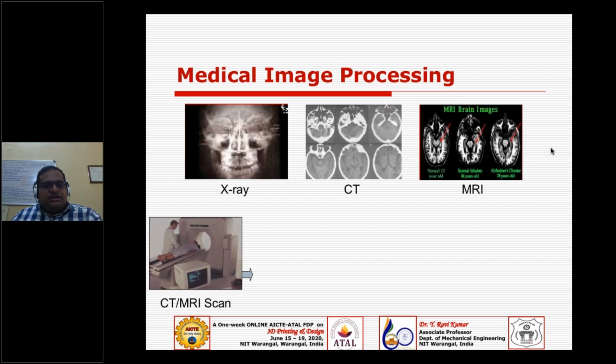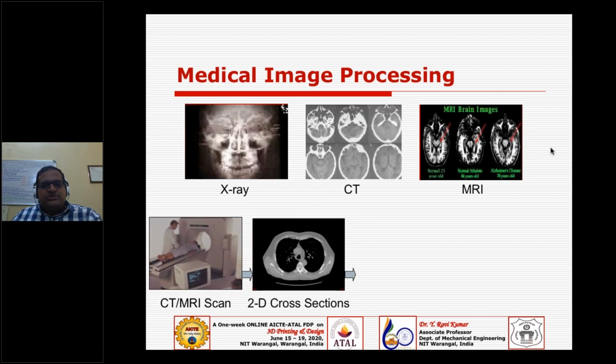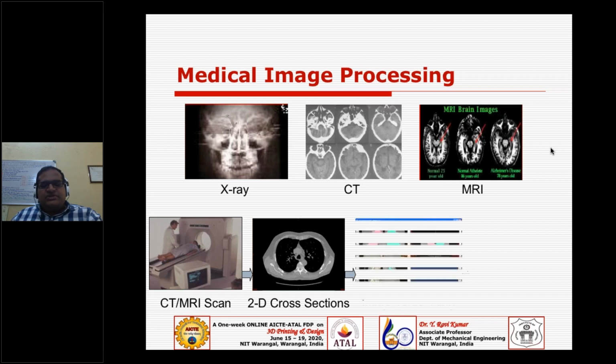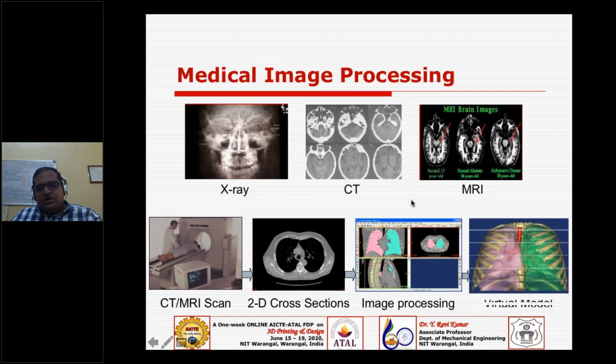But in general, it may be a CT or an MRI, and you are going to get these 2D cross sections. But we need medical image processing software to give life to these black and white images, into color, or to specific materials, bone density, tissues, neurovascular structures, or ribs.